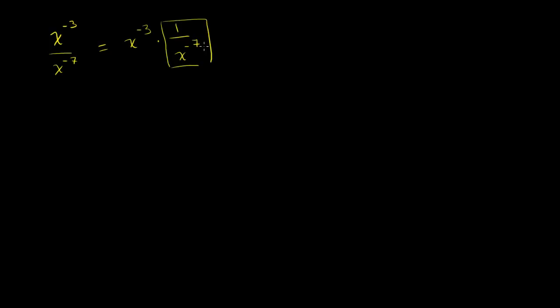This is the same thing as x to the 7th power. Right? If you have 1 over something, you can get rid of the 1 over and put a negative in front of the exponent. But if you're putting a negative in front of a negative 7, you're going to get x to the 7th. So this thing can simplify to x to the negative 3 times x to the 7th power. And then we can add the exponents, and that is x to the 4th power.